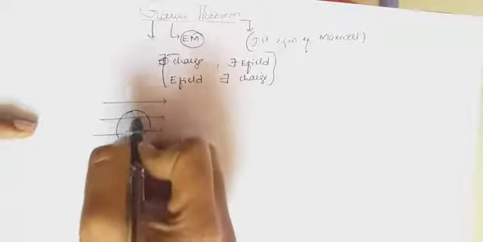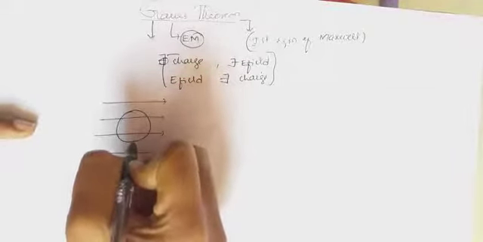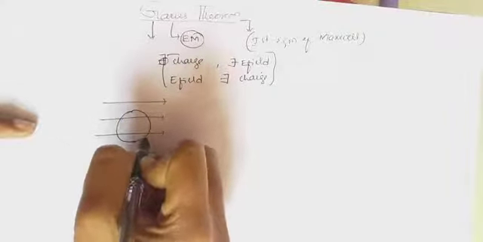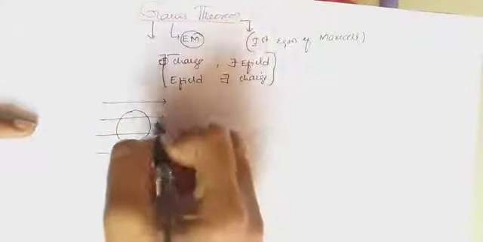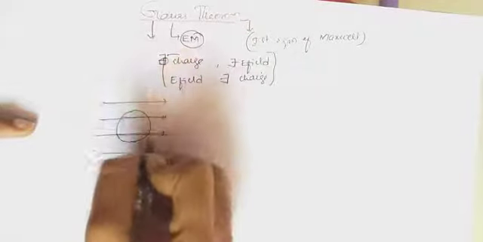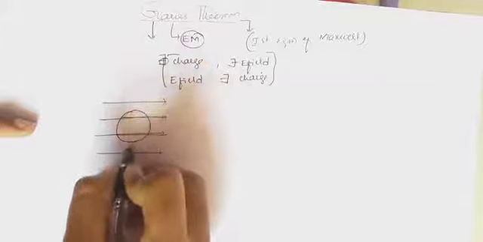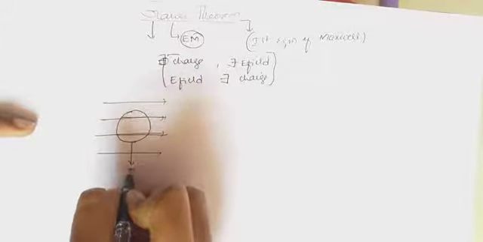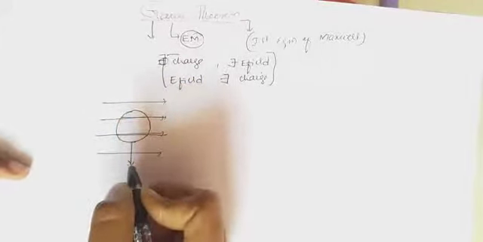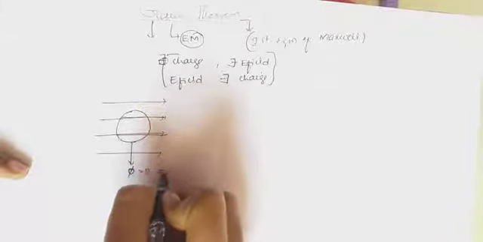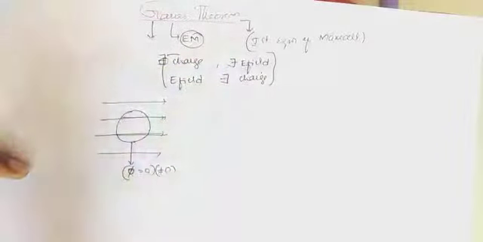The flux linked with this area is the field lines linked with the area. This flux may be 0 or may not be 0, depending on the field intensity and the area.